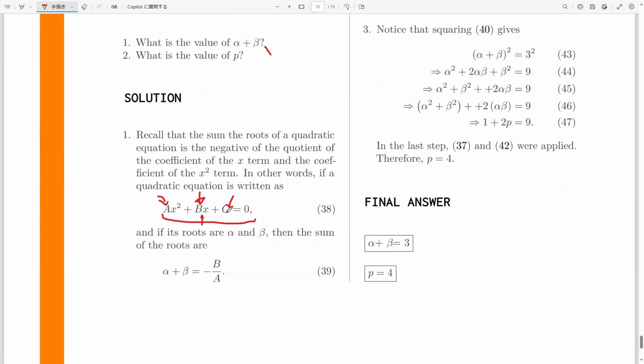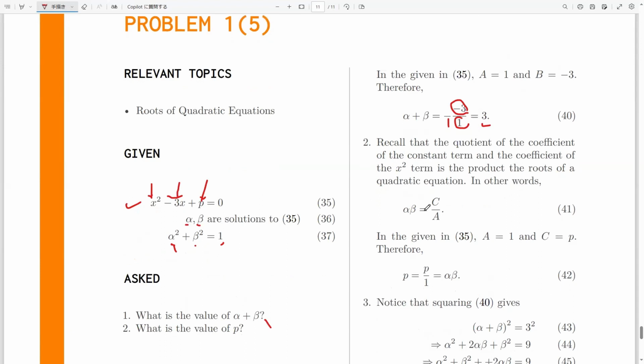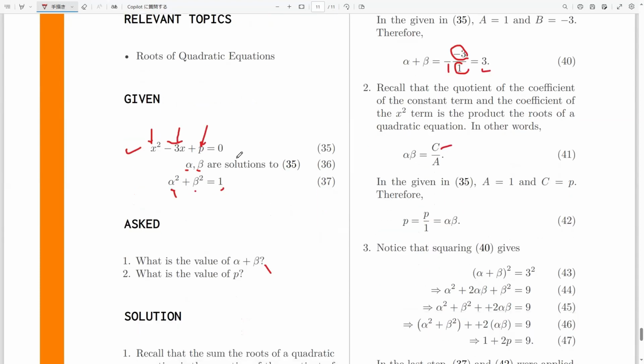if we have c and we have a, if we divide c by a, what we get is the product of the roots. So the constant term divided by the coefficient of the x squared term, that's alpha times beta, because alpha and beta are the roots. Now, c in our problem is just this term here, which is p. So replace that with p, and a is just the coefficient of the x squared term, and that's 1.